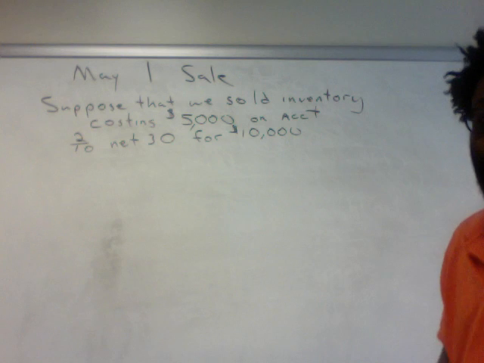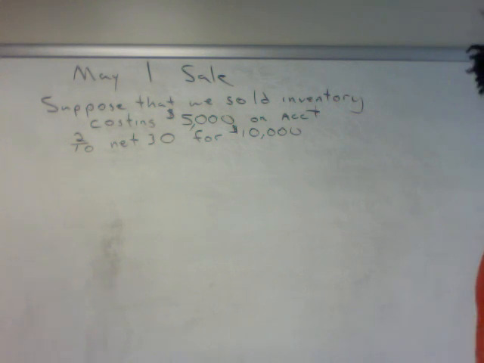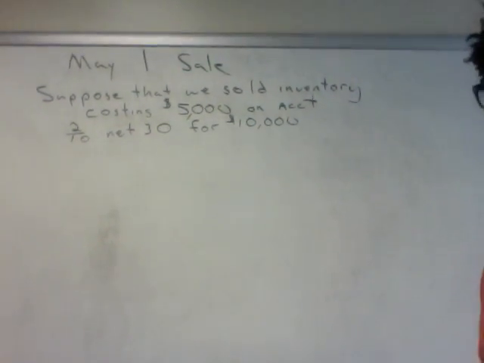All right, so suppose that we sold inventory costing $5,000 on account 2/10 net 30 for $10,000.